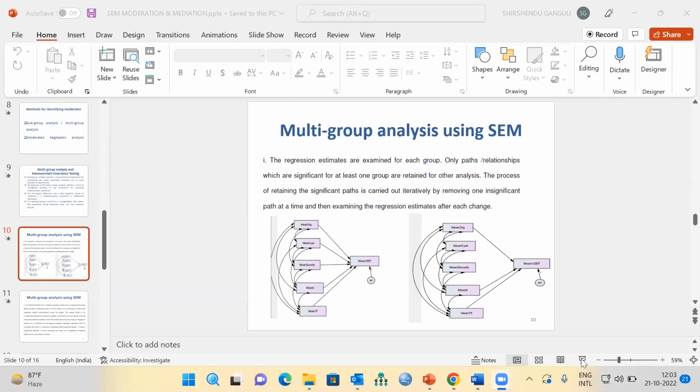Okay. So we'll start with the next part of moderation. So how to do the moderation part. In moderation, the way of doing it in SEM is multi-group analysis.